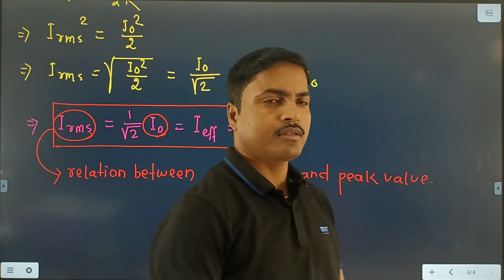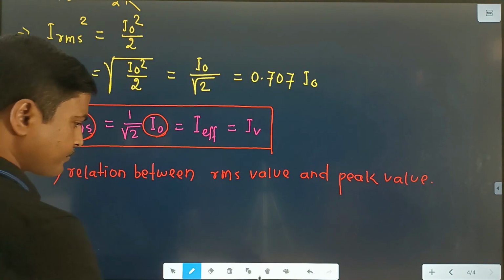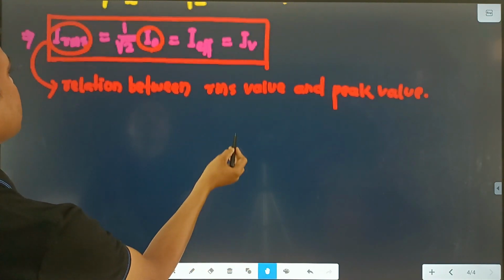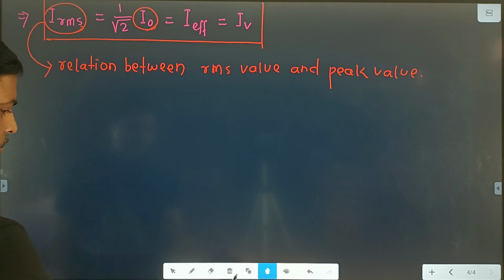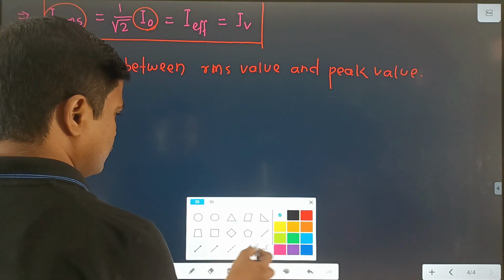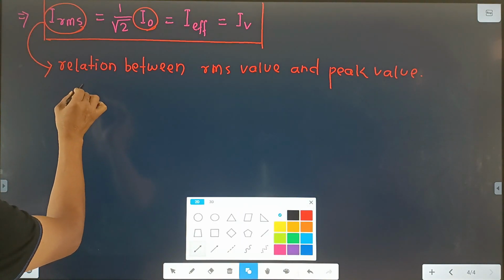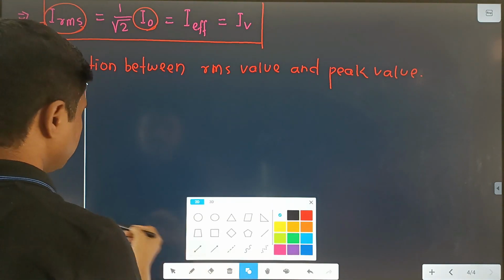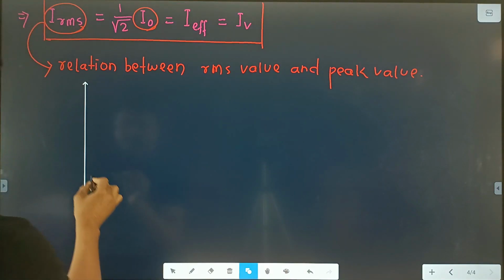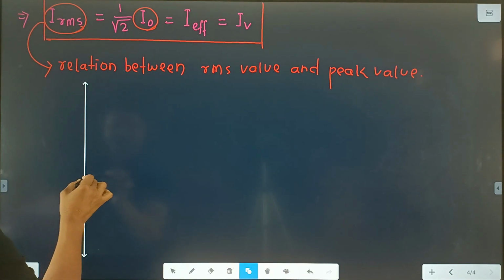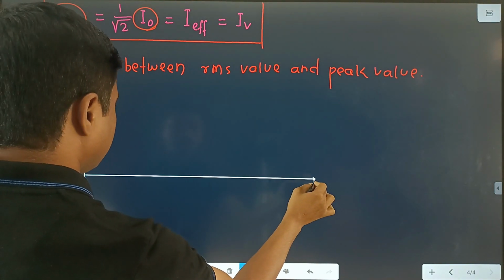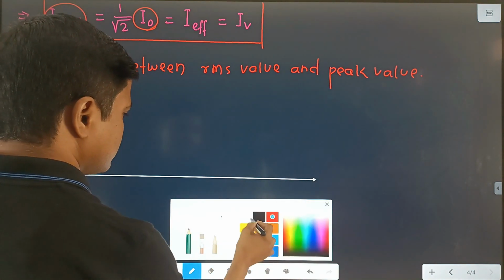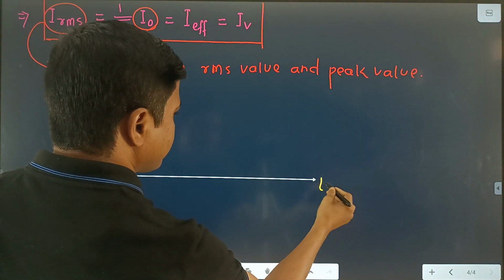Clear? And you draw the graph. Suppose this one is the x-axis, and this one is your y-axis. On the x-axis, suppose you take the time t.